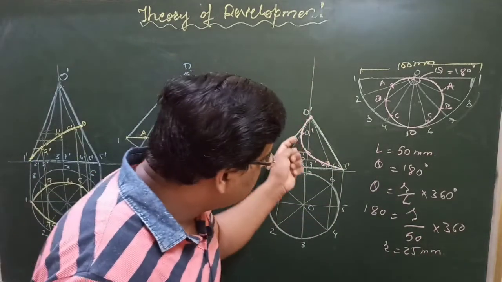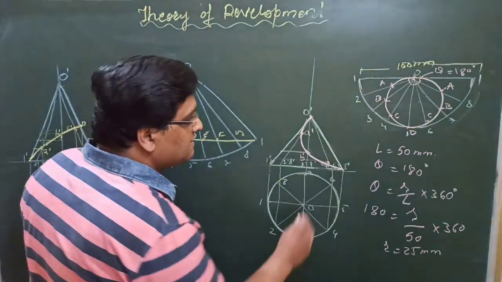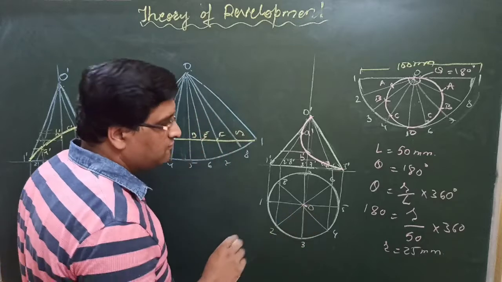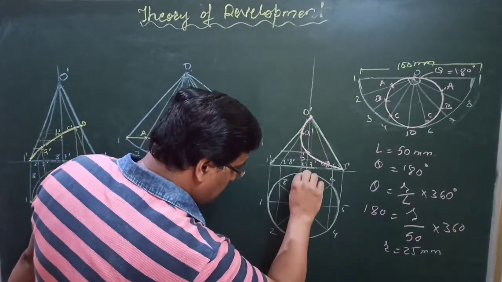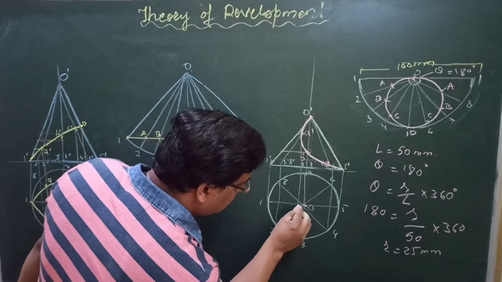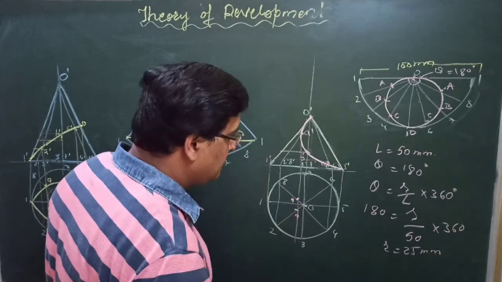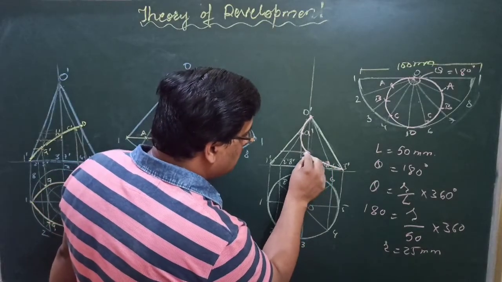Now again consider this as a cutting plane and drop on the respective lines. So this O will be dropped on the first point O. This A will be dropped on these two points, which will be obtained. This is A, this is A. Again you have to go through the method.